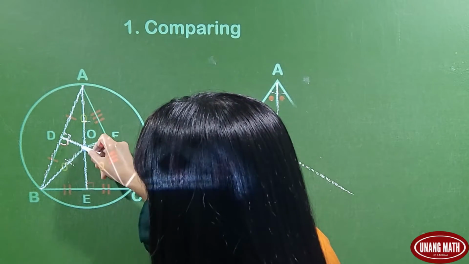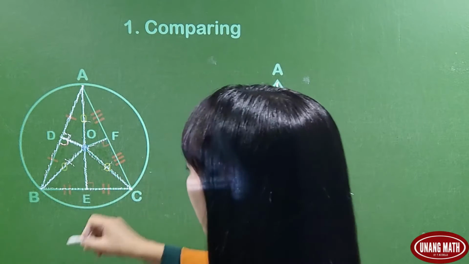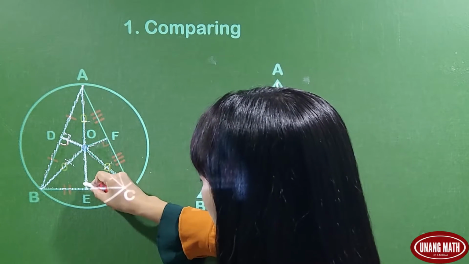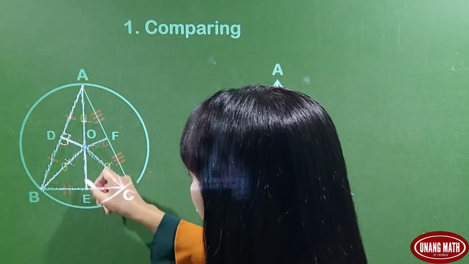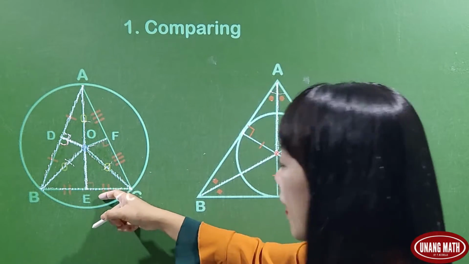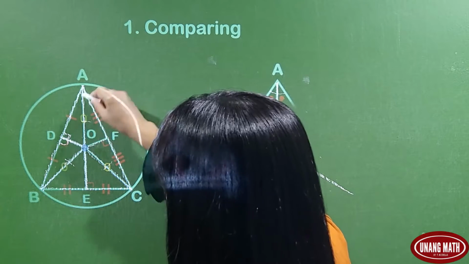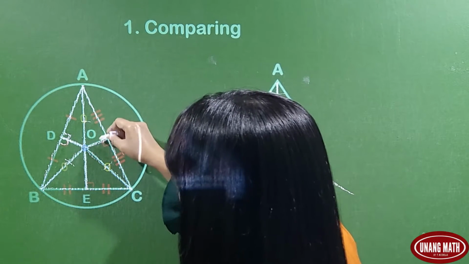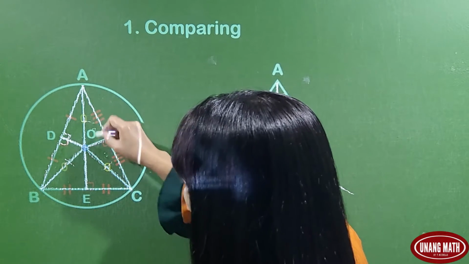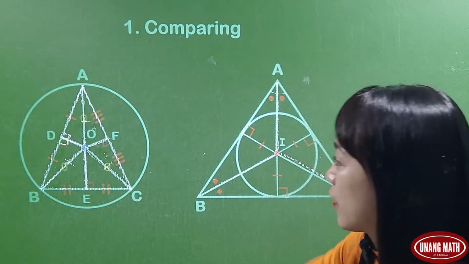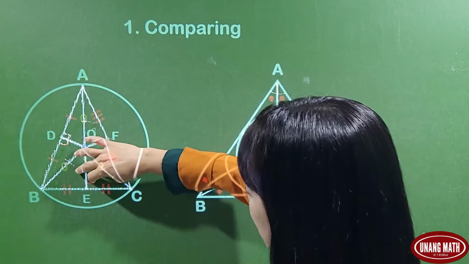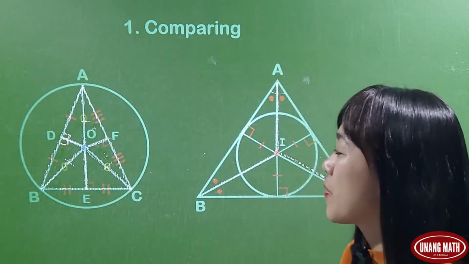Okay, we also have another isosceles triangle here. With this perpendicular bisector, we have another pair of congruent triangles. What about another isosceles triangle here with this perpendicular bisector? Then these two triangles are congruent. So, congruent triangles, congruent triangles, congruent triangles.